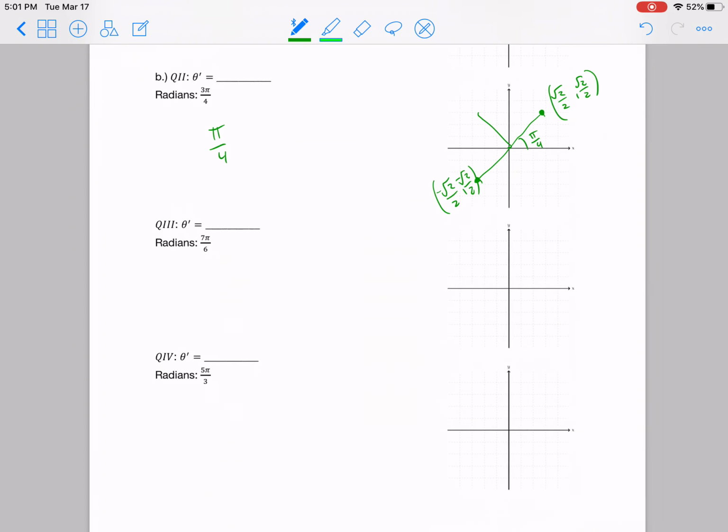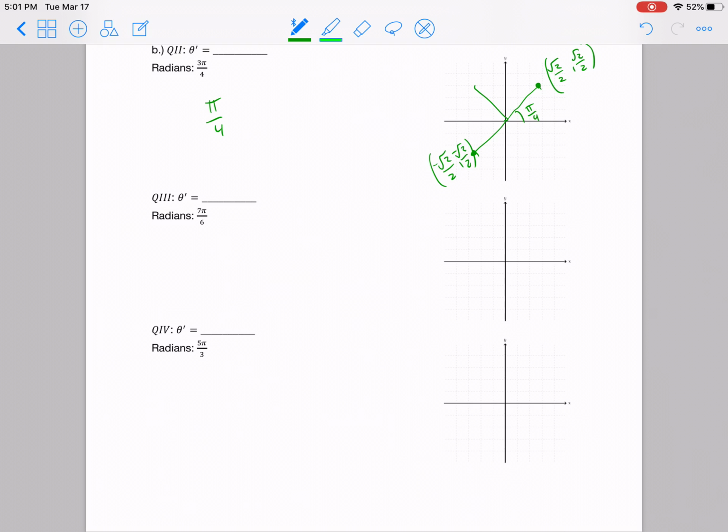Next to last one here is 7 pi over 6. So you're doing pi over 6, 2 pi over 6, 3 pi over 6, 4 pi over 6, 5 pi over 6, 6 pi over 6. So 7 pi over 6 actually ends up being somewhere over here. And when you look at your unit circle, it's going to have the coordinates negative square root of 3 over 2, negative 1/2.